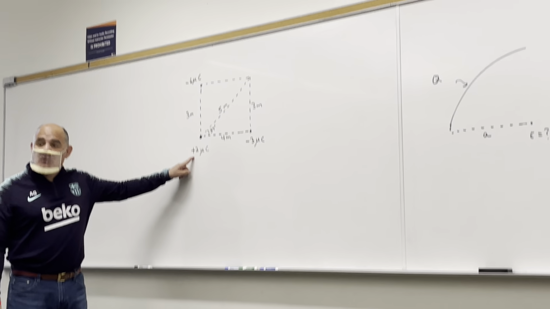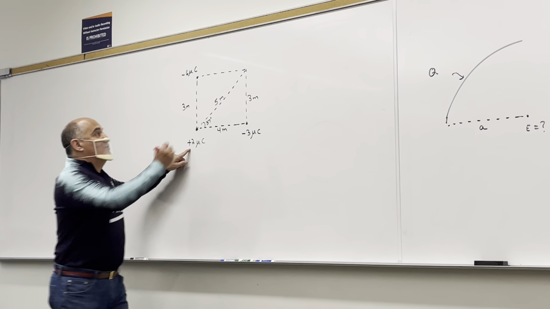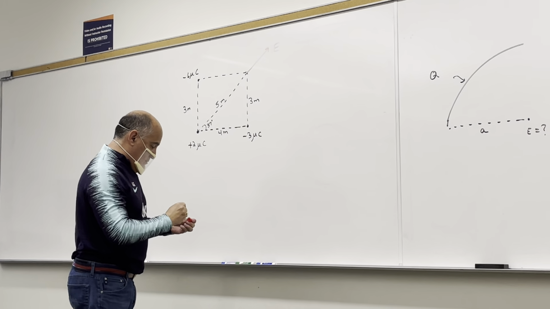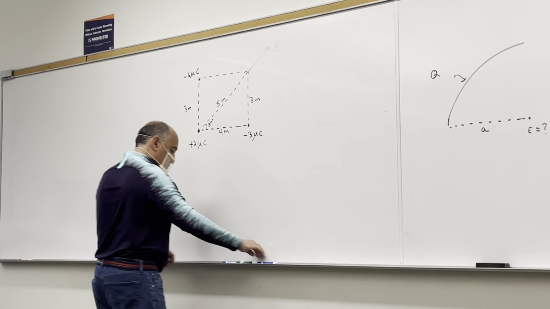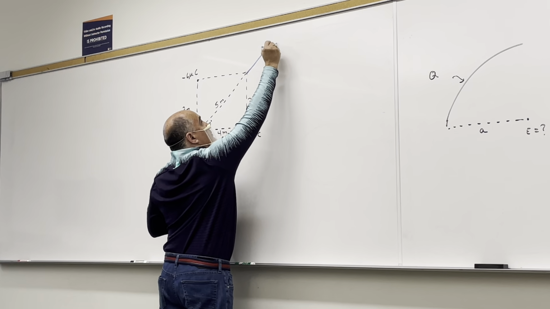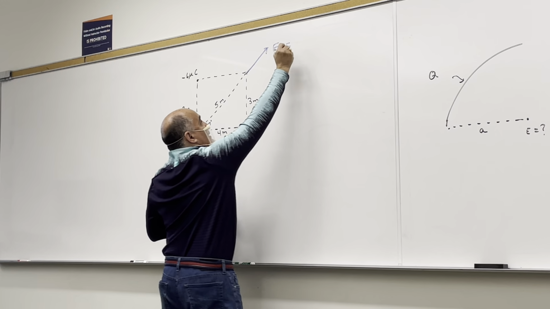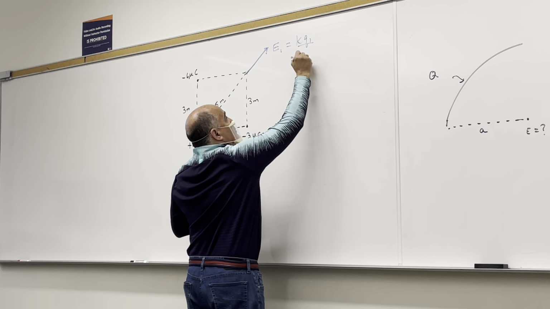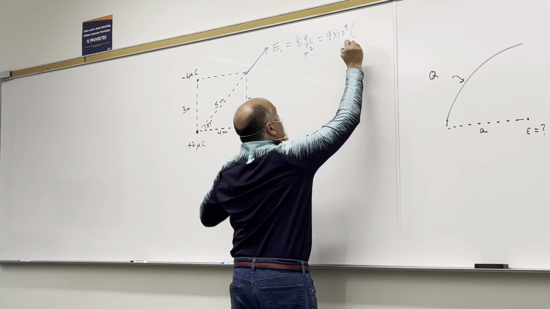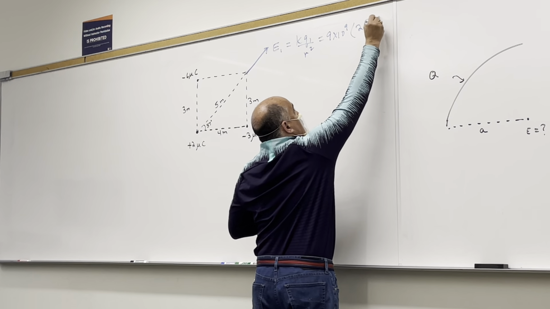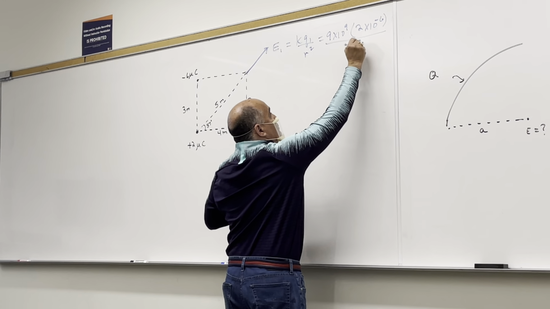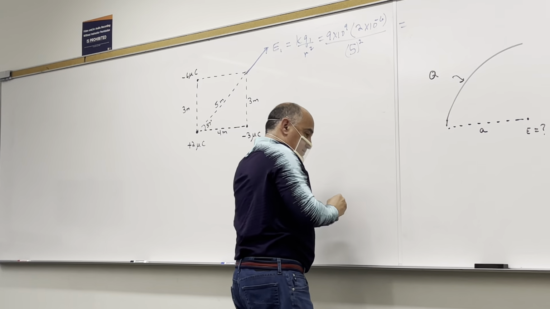Is it pointing towards it or away from it? Away. So that would be this way. What's the magnitude of that? So that'll be 9 times 10 to the 9th. Q1 is 2 microcoulombs. And the distance is 5, and we need to square that, right?